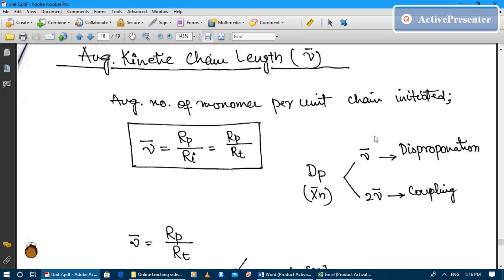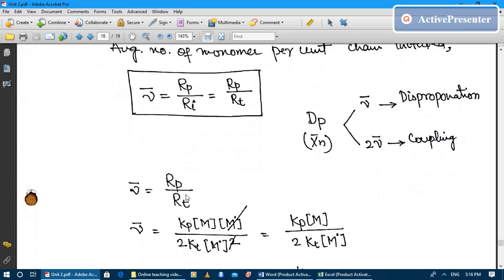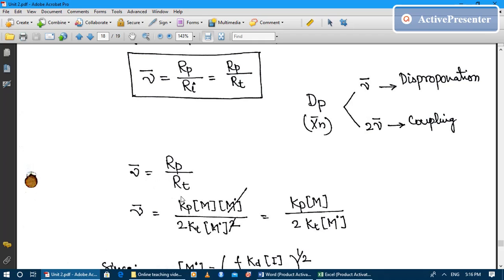I have already explained this. Xn bar is equal to nu bar for disproportionation, because chains are not going to be coupled in this case, and in case of coupling, Xn bar is equal to 2 times nu bar.